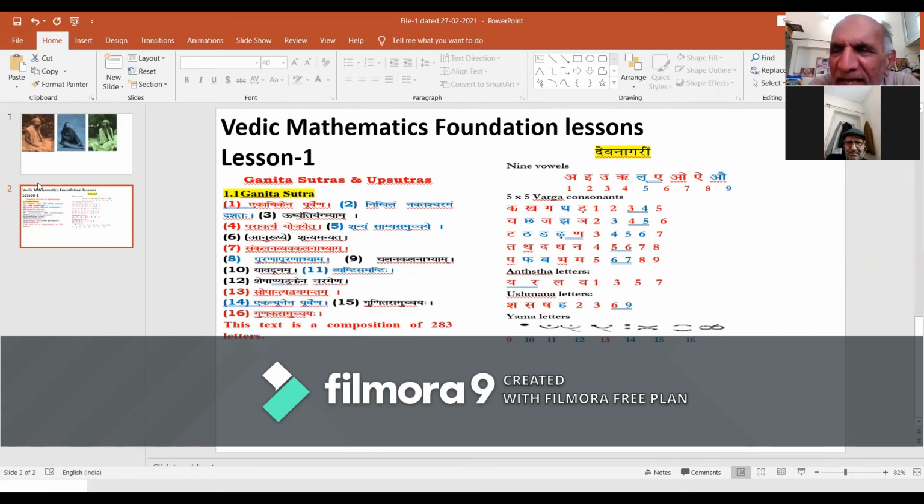We are now trying to reach the Vedic mathematics domain by going from the letters alphabet to the numbers alphabet. So wherever the letters are, say the first sutra, Eka Adhikena Purve, the first letter is the 6th vowel. So instead of 6th vowel, write number 6. Then there is a letter Ka.